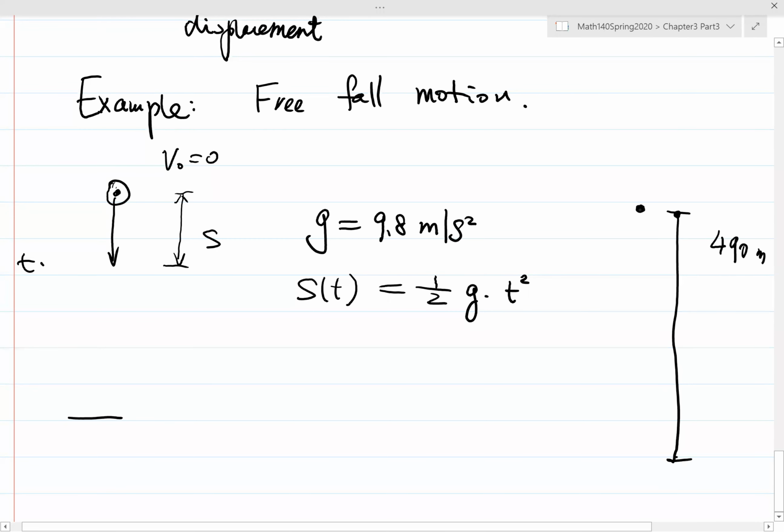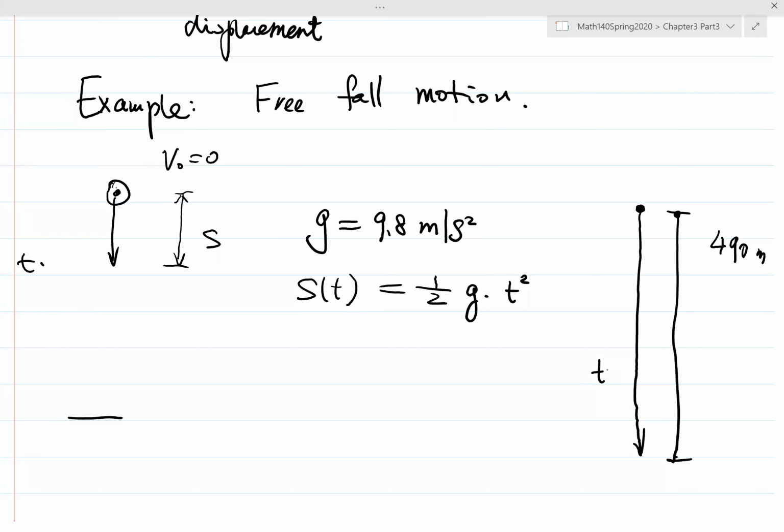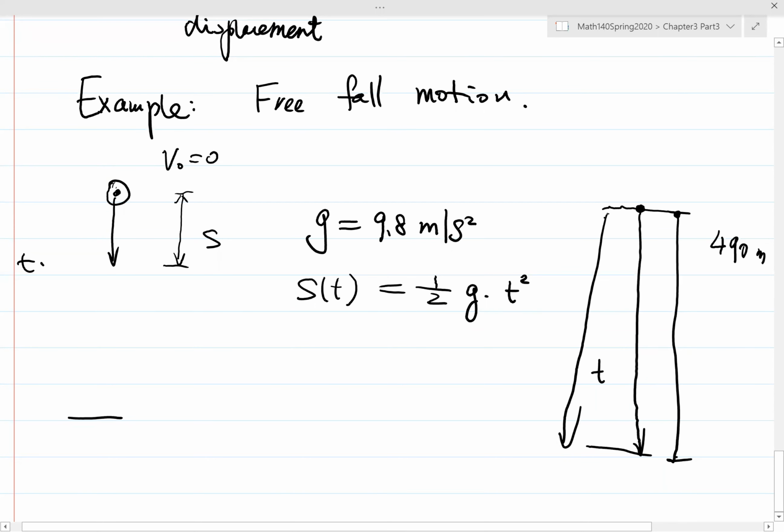Now let's find the total time t such that the ball hits the ground. What's the time needed? The total displacement is actually the height of this building, so we're given s is 490 meters.